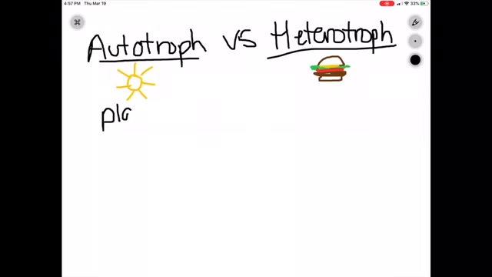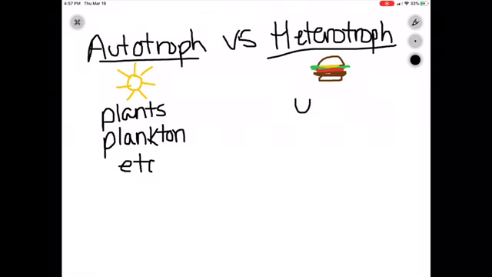So to look at some examples, so autotrophs, our major example is going to be plants because they photosynthesize, get their energy from the sun. But other organisms people forget about, phytoplankton, algae, so these are all photosynthesizing. For heterotrophs, us, so obviously we're going to eat that hamburger that I drew earlier.